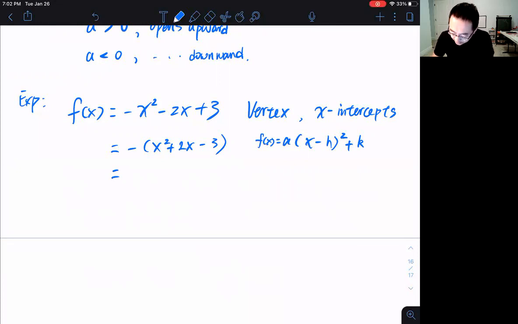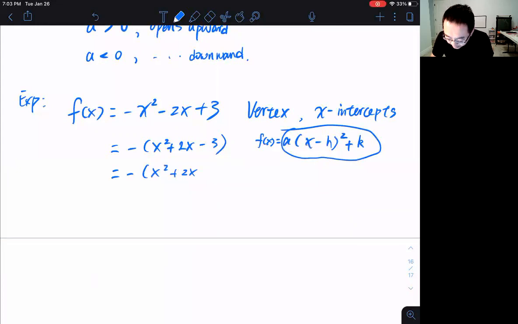So a here is -1. We can see that, but how do we change it into this format? Well, let's manipulate this a little bit. Let's say this equals negative of (x squared plus 2x, and if I want to do minus 3, then I can do plus 1 and then minus 4, because plus 1 minus 4 is minus 3.